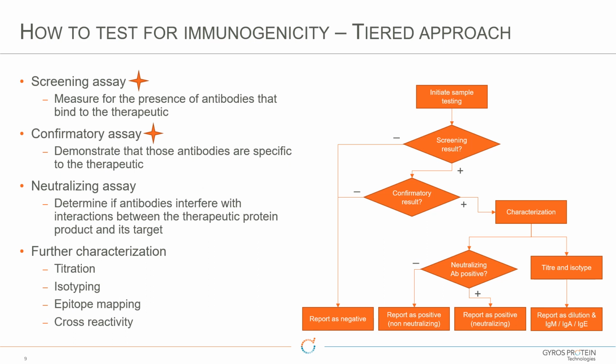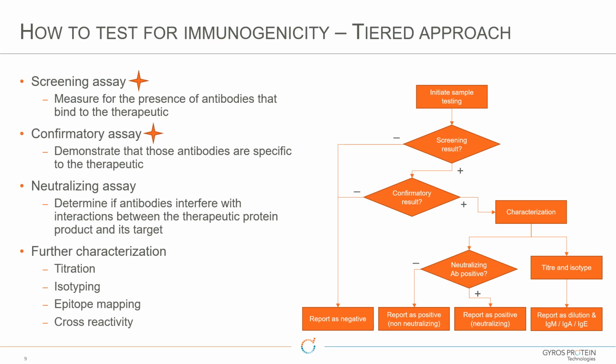Certainly, as we've indicated with these stars, the two places where the Gyrolab is prominently used in these types of assays are screening assays and confirmatory assays. But depending on the mechanism of action, you could actually use the Gyrolab system for a neutralizing assay. Yeah, absolutely. And also titering as well. You're obviously going to titer your samples using the same method.